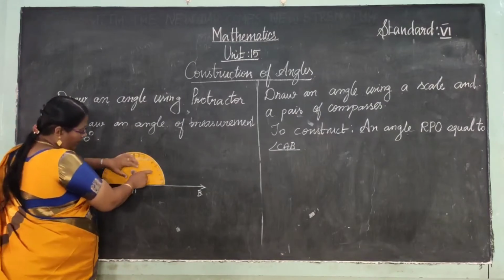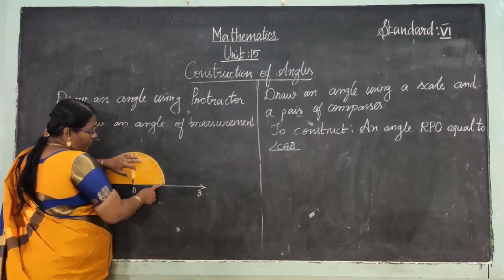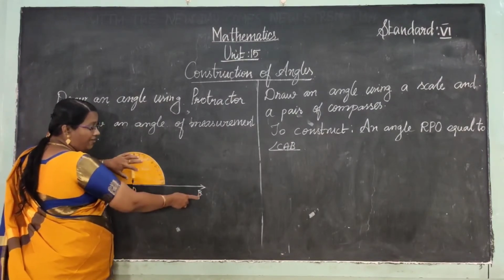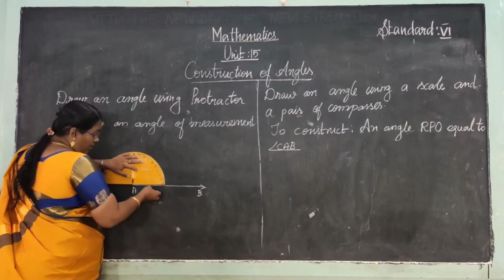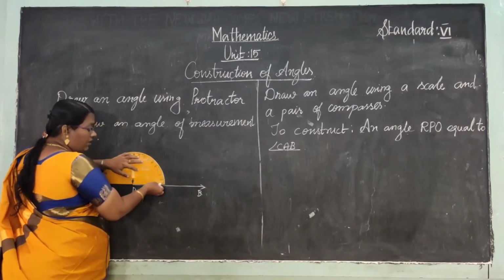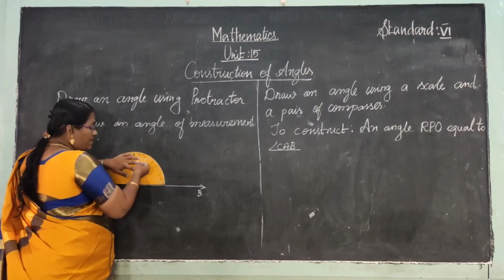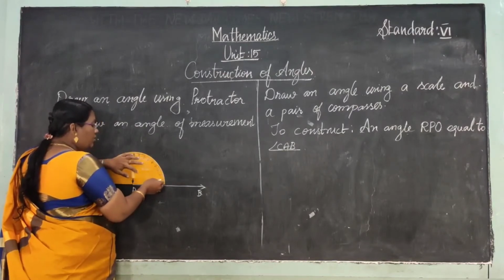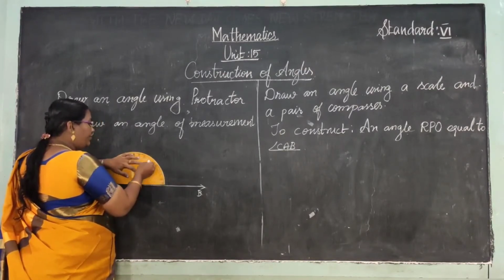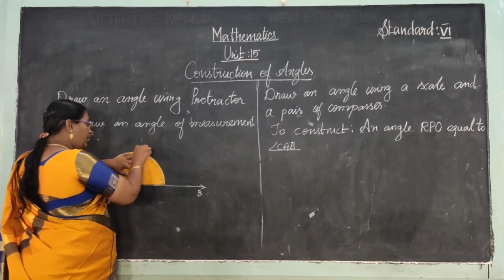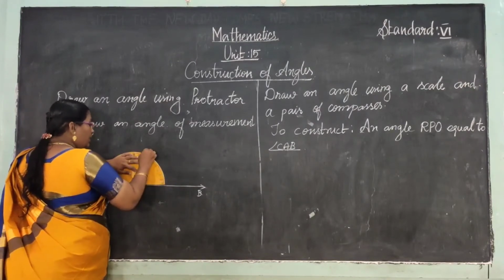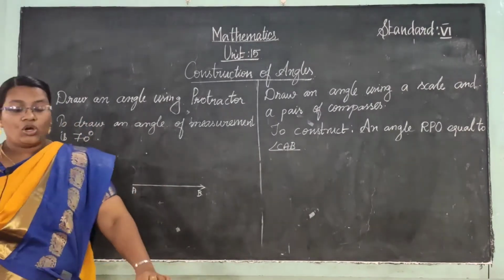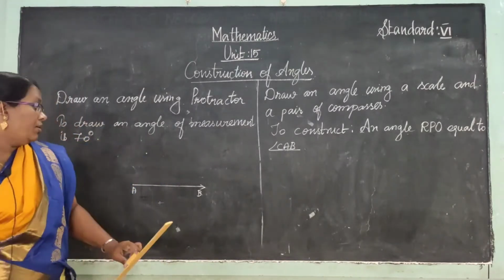Let me consider the side starting from 0, because that side has the ray. Starting from 0, we count 0, 10, 20, 30, 40, 50, 60, 70. So mark the point at the angle 70 degrees. Then using the scale, join that ray, denoted by C.